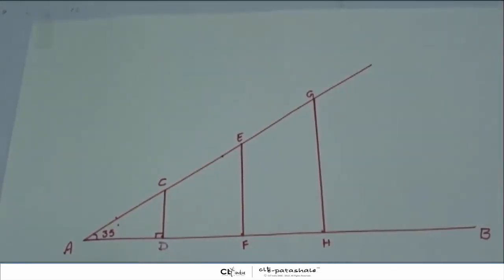So now measure the perpendicular line opposite to 35 degrees and the hypotenuse AC.